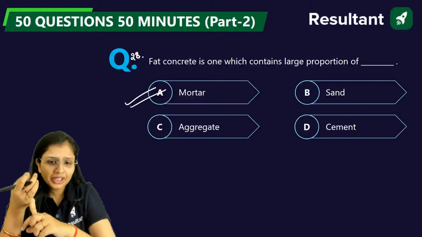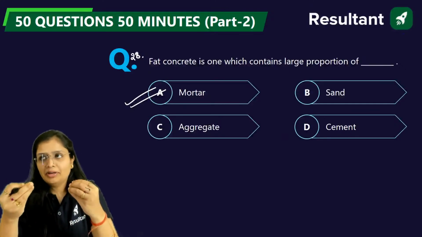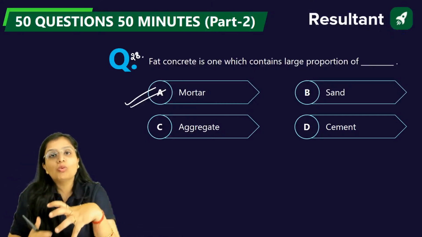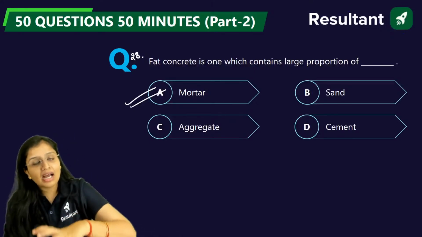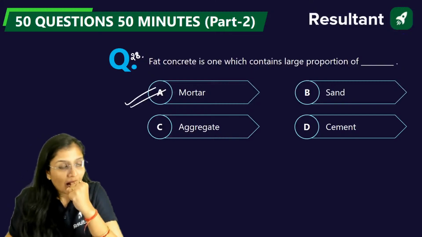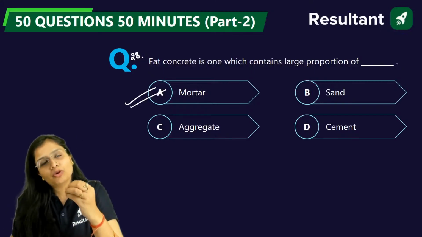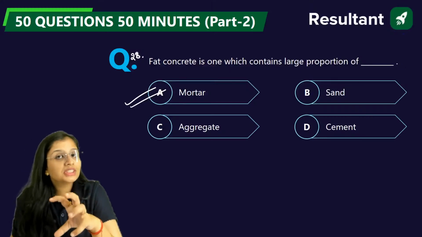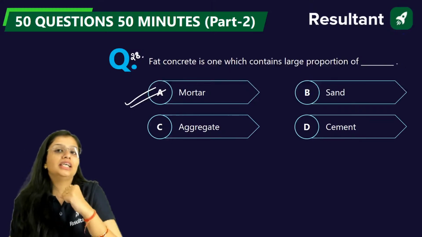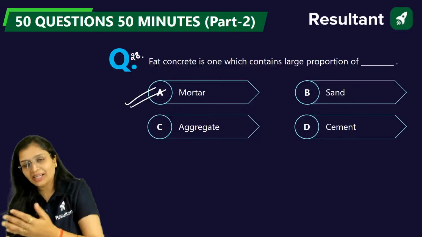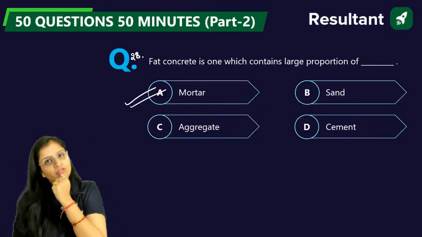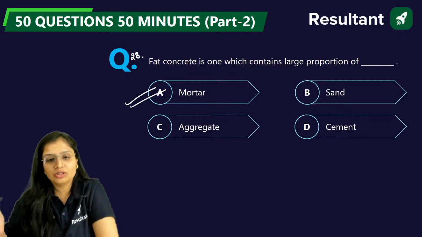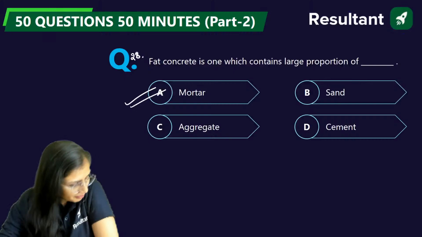Fat concrete क्या होता है? जब because of any reasons you are having large amount of mortar in it, that time आप उसको fat concrete बोल देते हो. और अगर प्रॉपर सीमेंटेशियस मटेरियल आपने नहीं मिलाया, उस समय the concrete you call as lean concrete. If mortar is more you call it fat concrete. Clear?